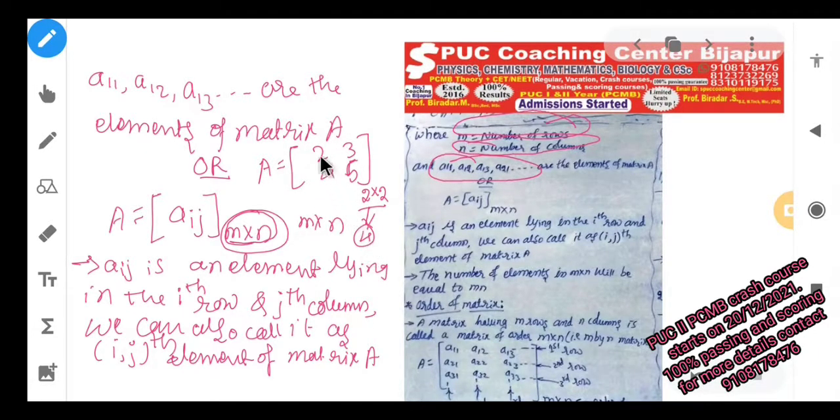So 4, let us see here: 2 is one element, 3 is another element, 4 is one more element, 5 is the next element. So totally how many are there? 1 2 3 4 elements. So the product m into n, mn, gives the number of elements present in that matrix.